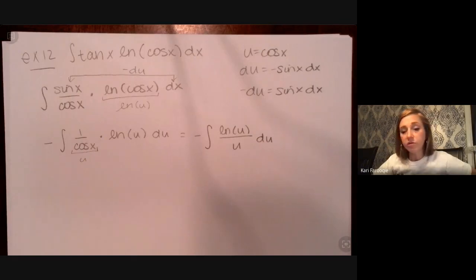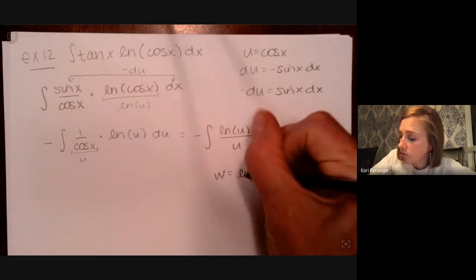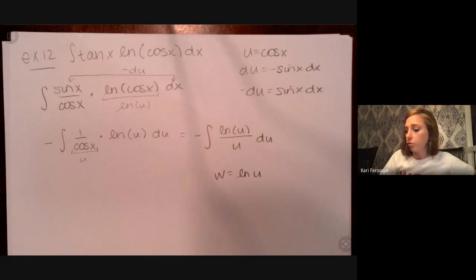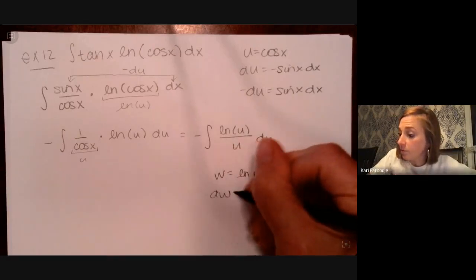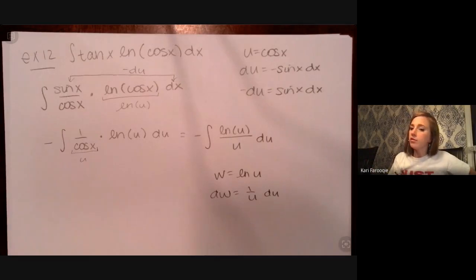So this is not going to be one of those cases where you have a very clear-cut inside function that you're going to let be that substituted variable. In a case like this, we're going to let w equal the natural log of u, and then dw is 1 over u du.